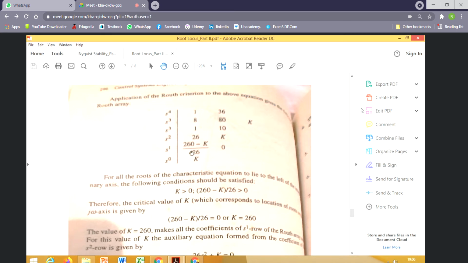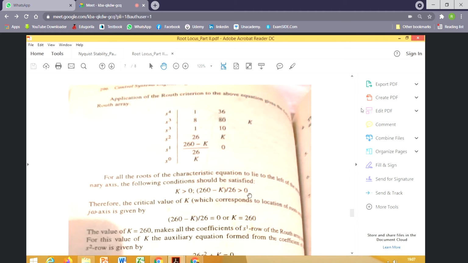So the first term of this row will be (260 minus K) by 26, and the second term will be 0, and s0 will contain a term which is simply K. So from Routh's stability criterion, we know that for a system to be stable, all the terms appearing in the first column of the Routh array should be positive. That means K should be greater than 0, and (260 minus K) by 26 should be greater than or equal to 0. Now we want to find out the point of intersection.